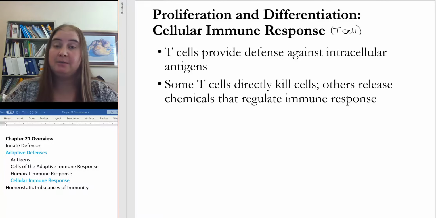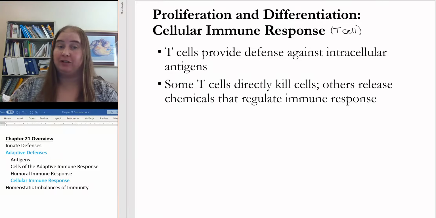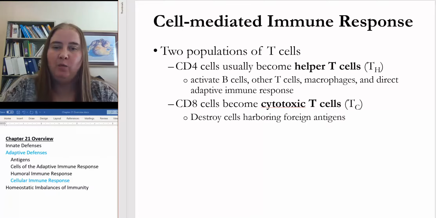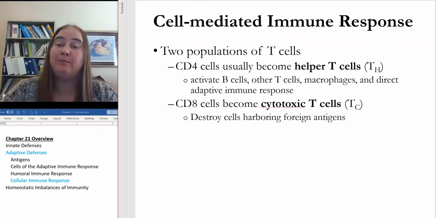Some of your T cells will kill directly, while others will be involved as activators of the immune response. So when we look at the cell-mediated immune response, we have two populations of T cells. We have our CD4 cells, which will become our T helper cells, and we have our CD8 cells, which will become our cytotoxic T cells.